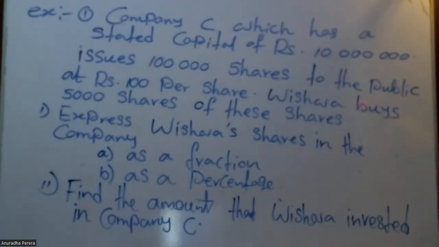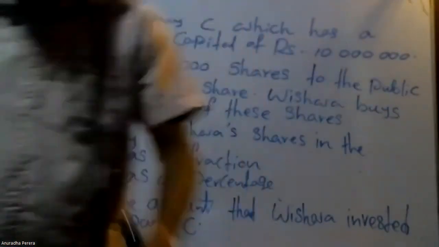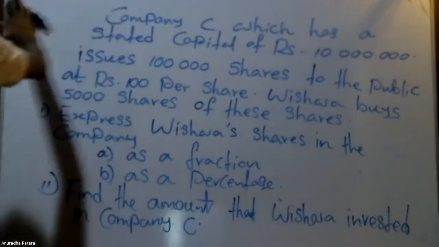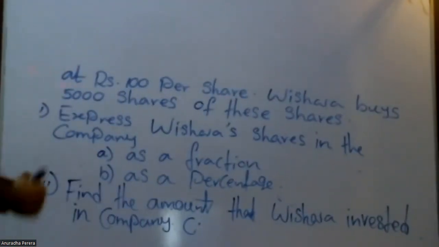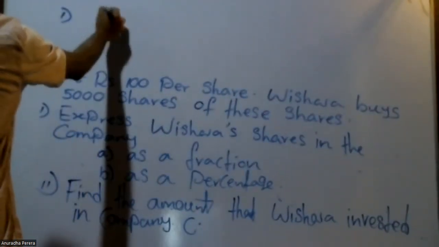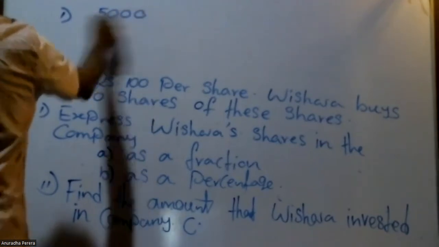You know the total number of shares is 100,000, and Vishwa buys 5,000. We can represent it as a fraction: 5,000 out of 100,000.